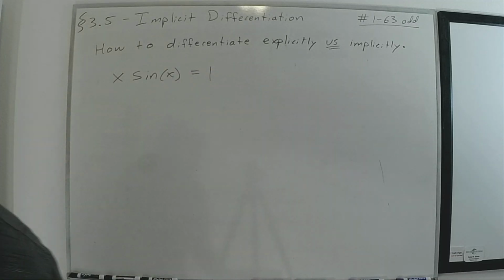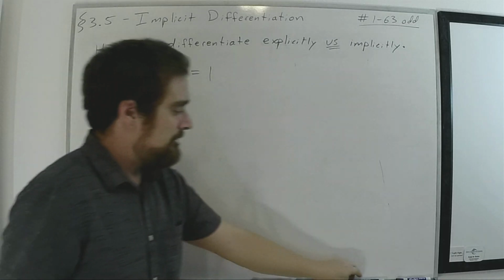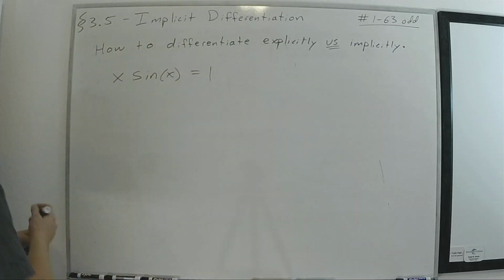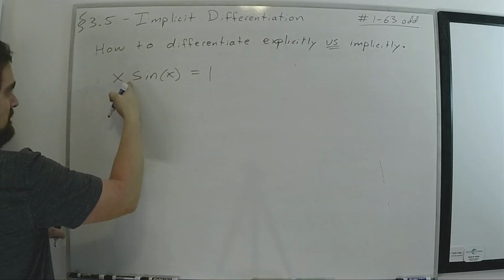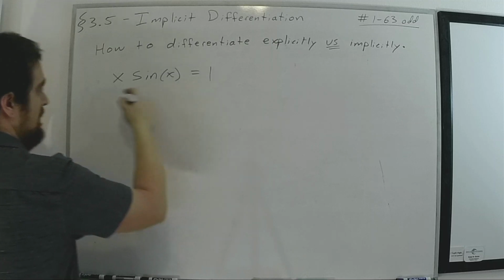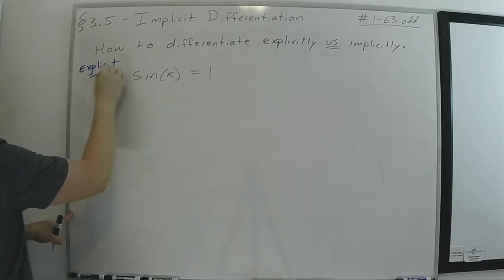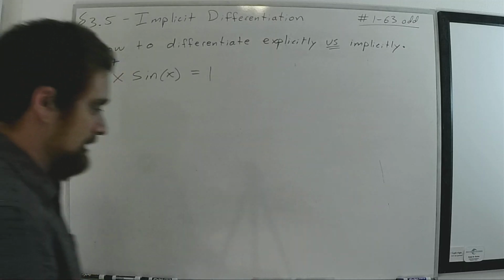So here's an equation, right? It's just a relation. And one thing that we can do to differentiate something like this is do it very explicitly. I know I'm dealing with x, and I know I'm multiplying by sine of x. X is my independent variable. The right-hand side is just equal to 1. So I can do this differentiation explicitly.